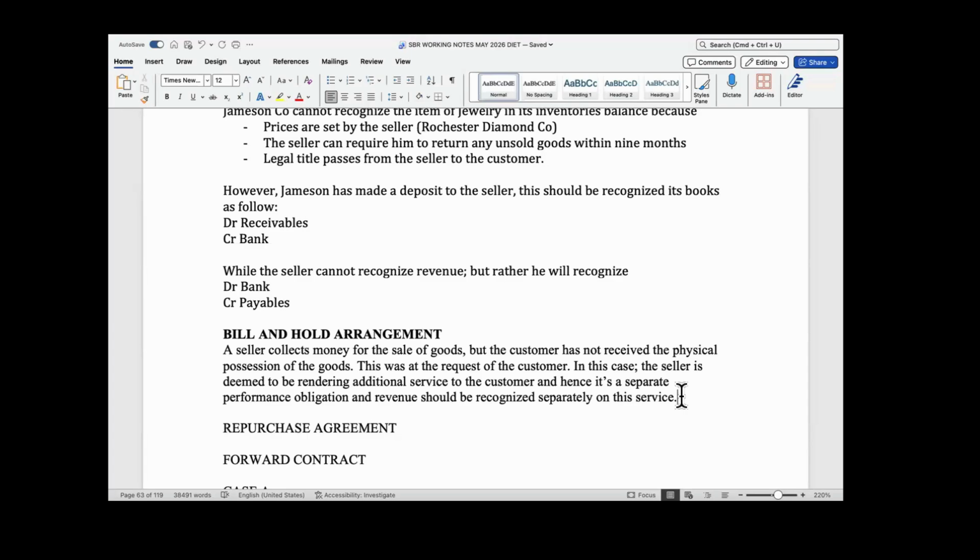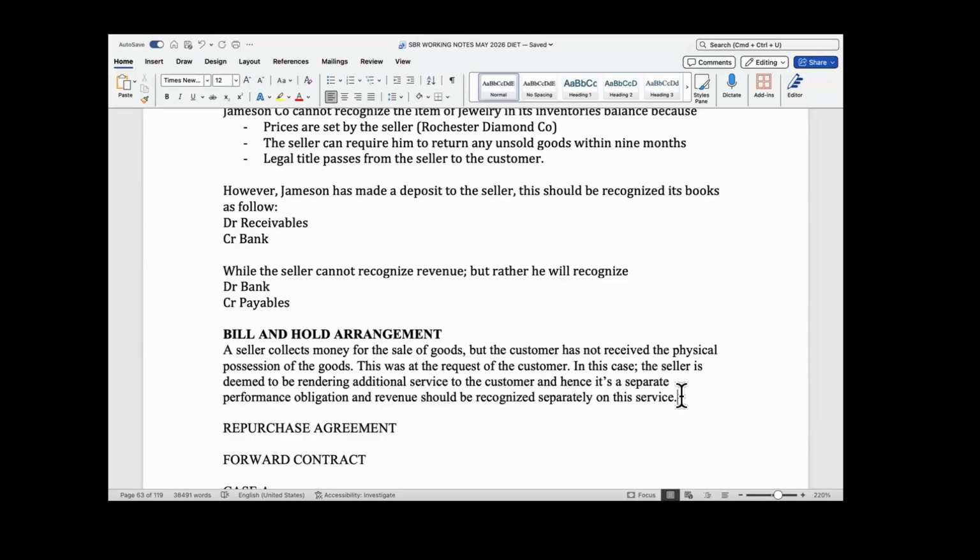He needs to recognize that as a separate service, because this can go as a warehousing service. So that's bill and hold arrangements.